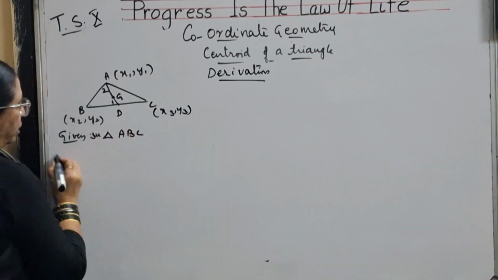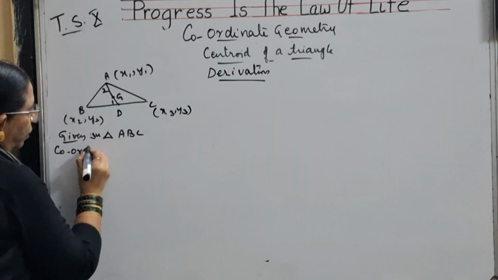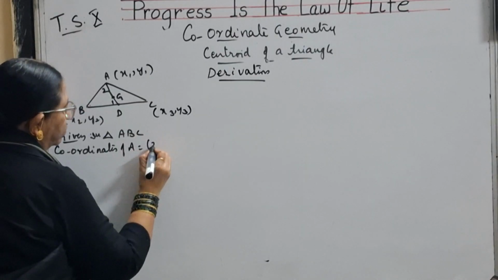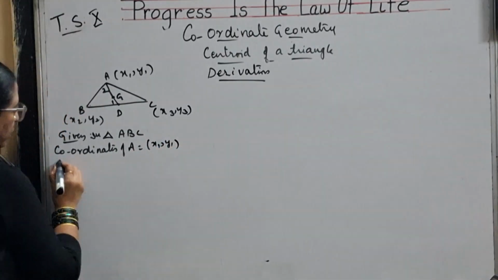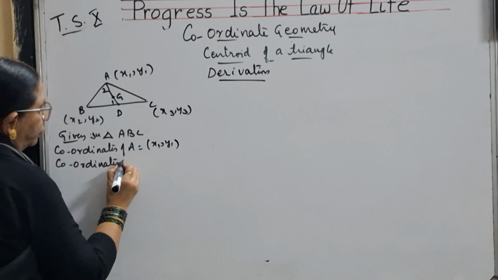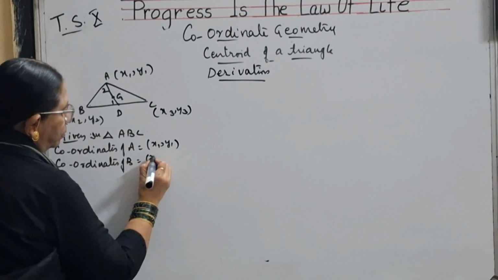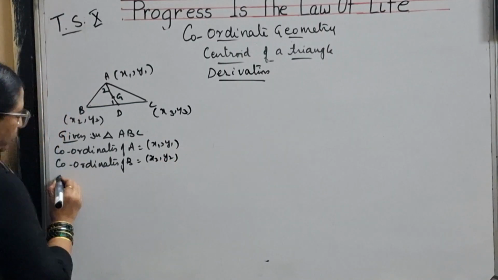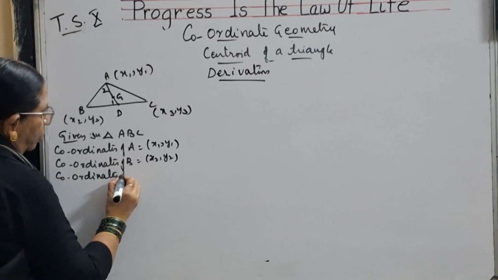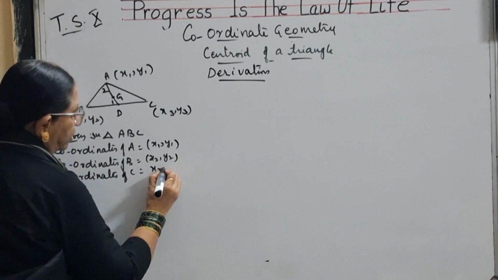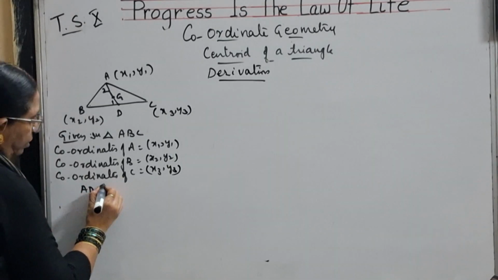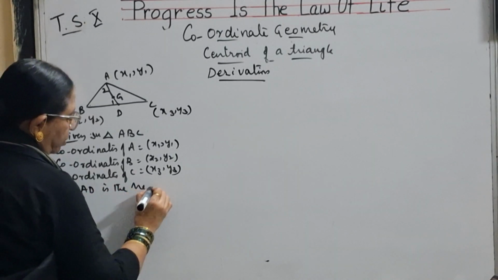In triangle ABC, coordinates of A are x1, y1, coordinates of B are x2, y2, coordinates of C are x3, y3, and AD is the median.